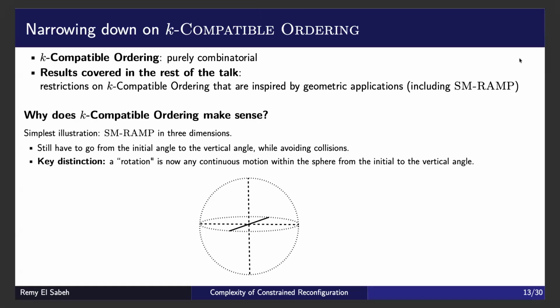But now, when we say rotation, it's any movement of this arm within the sphere, with its midpoint being fixed, so that it starts the way it currently is, and it ends up perpendicular to the flat plane. What would constitute a way of moving is composing those 2 movements. You can rotate the arm in the plane, and then you could rotate it upward. That would count as one of potentially k different ways of moving this arm.